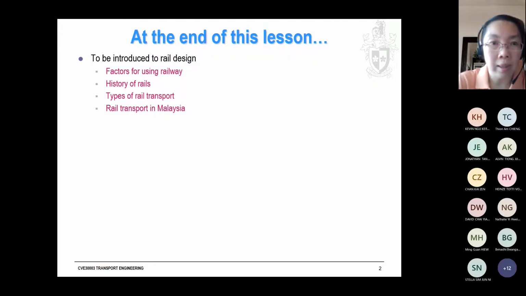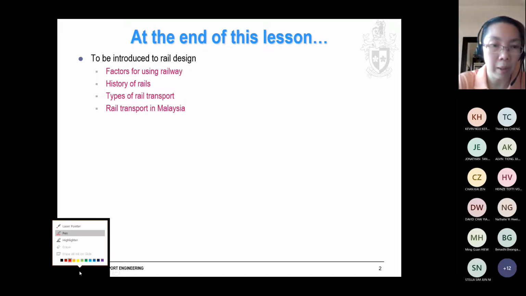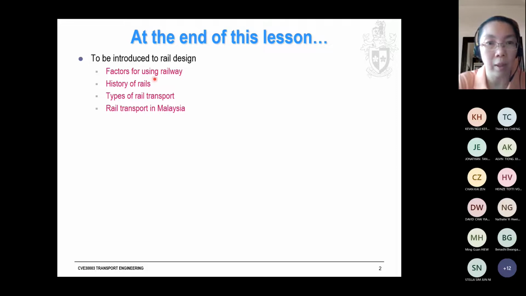At the end of this lesson, I hope you will be introduced to rail design, which consists of factors for using railway. Then we'll move a little bit into rail history, although I won't dwell too much on this, as it is more of a reading pleasure for all of you. We'll look at the different types of rail transport and also rail transport in Malaysia, just a little bit.